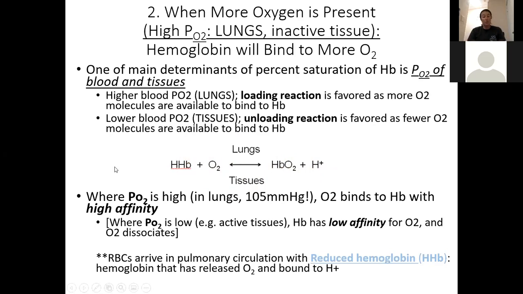So we want it on in the lungs and off in the tissues. Hydrogen is able to bind to hemoglobin whenever it doesn't have an oxygen associated with it. We're going to talk about that more in a little bit, but this HHb, hydrogen bound to hemoglobin on its way back to the lungs, is called reduced hemoglobin.